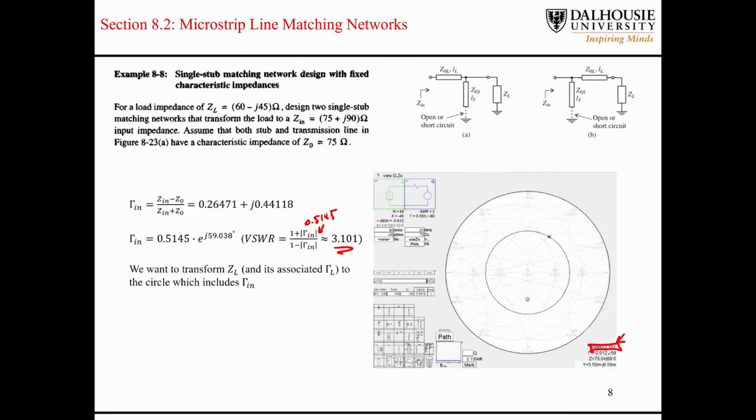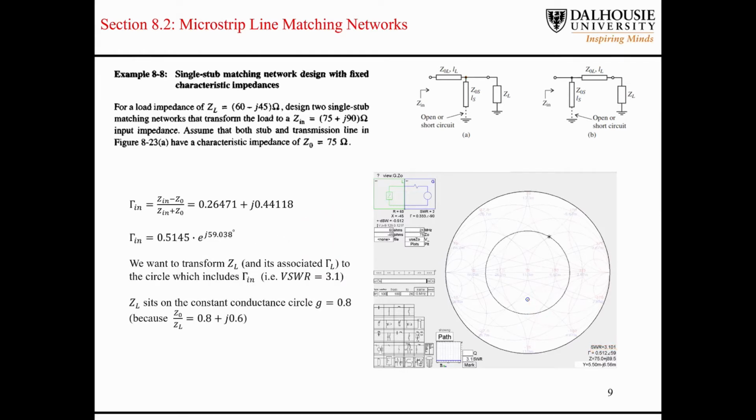So what this means is we have our load impedance here. Somehow we want to transform that load impedance to an impedance that corresponds to a reflection coefficient that sits on this VSWR circle. Okay, so I'm going to call that impedance Z1.